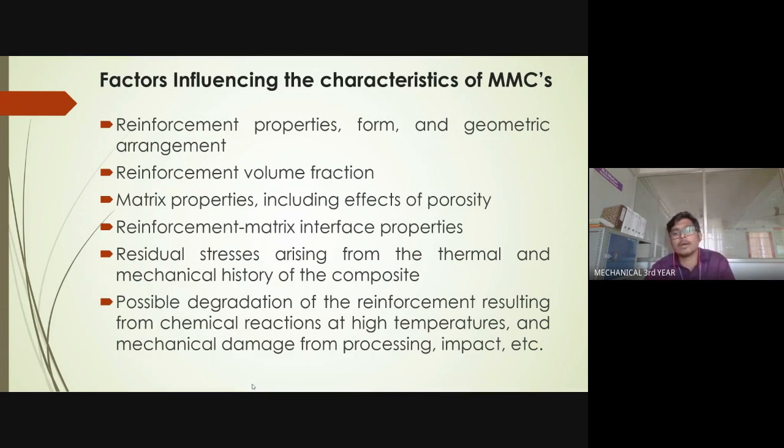After manufacturing, the material is subjected to shrinkage when it solidifies. You will be using this type of matrix in a liquid form, so your metal will be in a liquid form. When it solidifies, your volume becomes small. It will shrink quite a bit compared to your other matrices. This happens predominantly in the case of MMCs. The shrinkage will happen only in the case of MMCs.